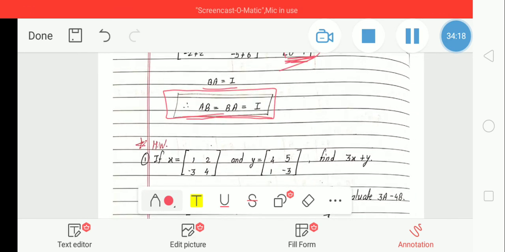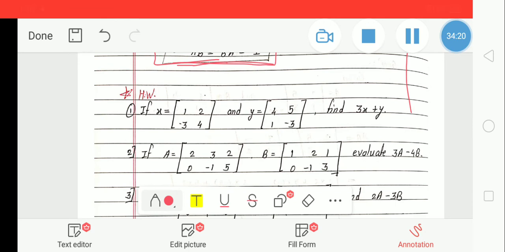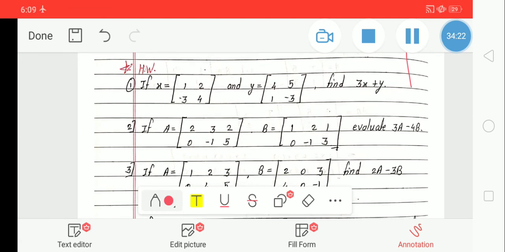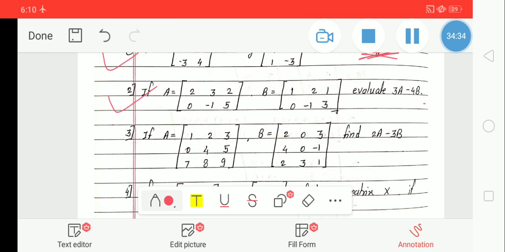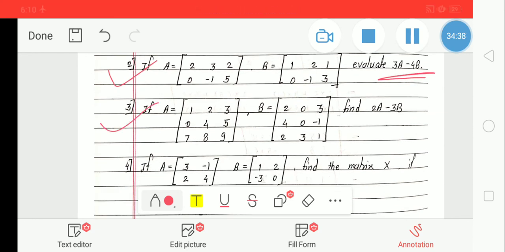Now, homework for you: in this equation we find the value of 3A plus Y, and in the second example also 3A minus 4B, and in the third example also find 2A minus 3B.